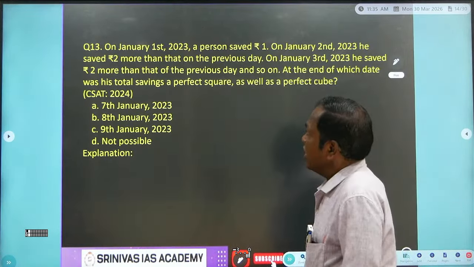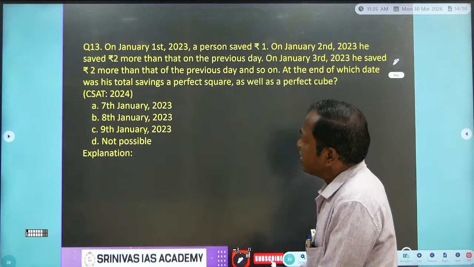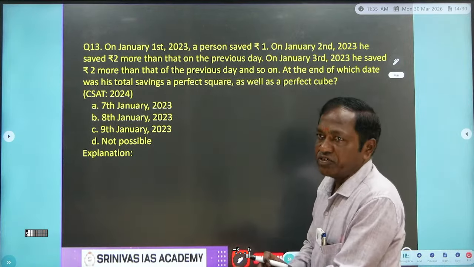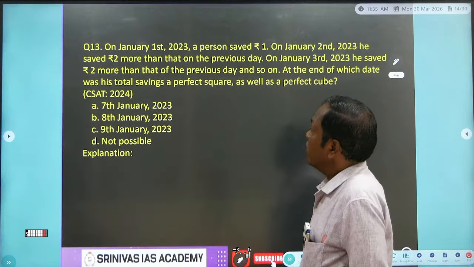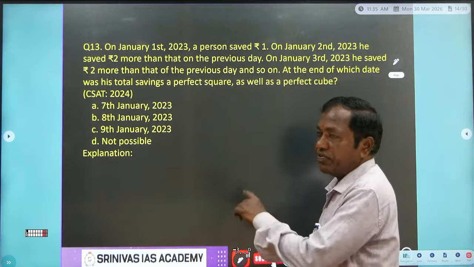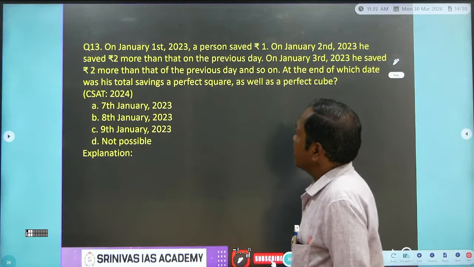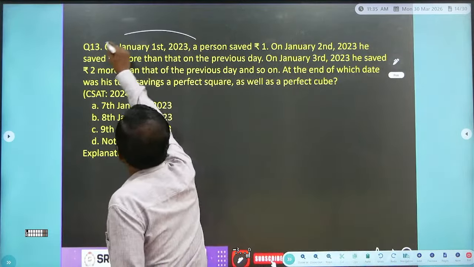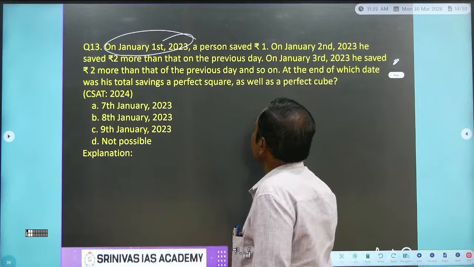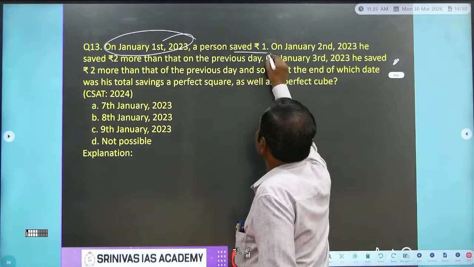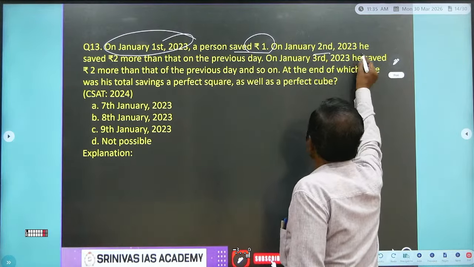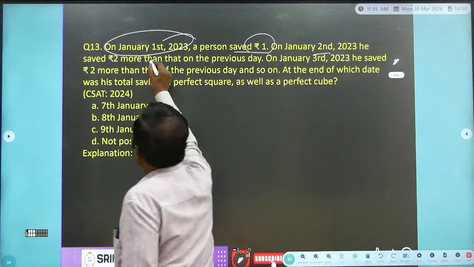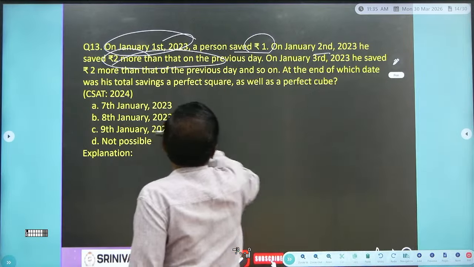Now, this is a CSAT 2024 question. On January 1st, 2023, a person saved ₹1. On January 2nd, he saved ₹2 more than the previous day.